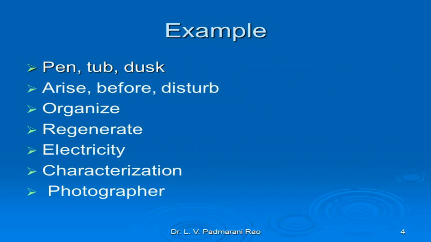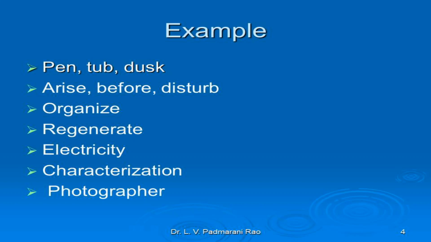If we look into examples like pen, tub, dusk, with a single vowel sound in them, which are called monosyllabic words, it is much easier to identify the syllable. The entire word is one syllable itself.